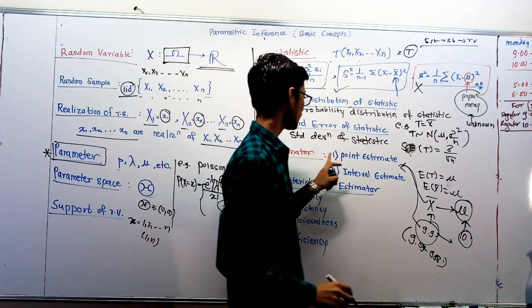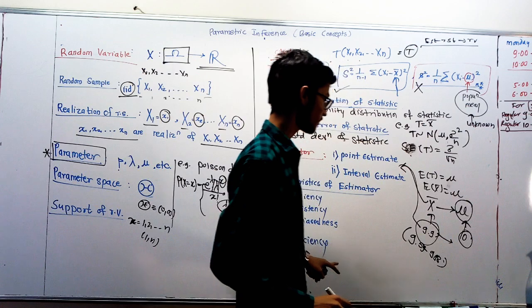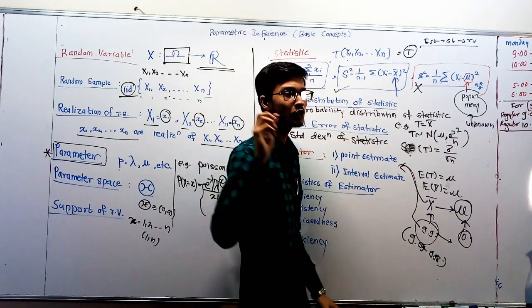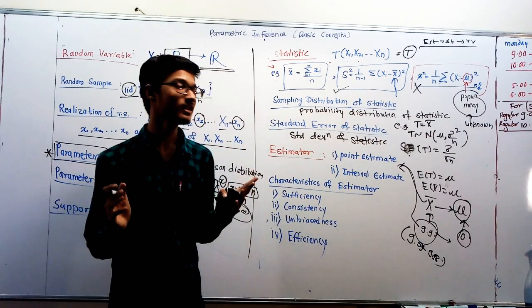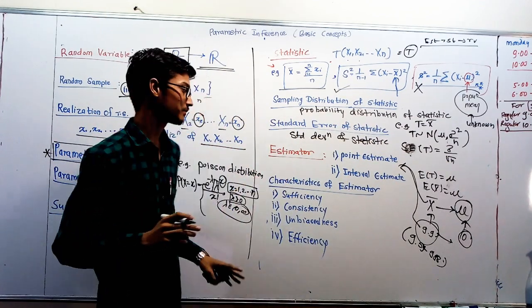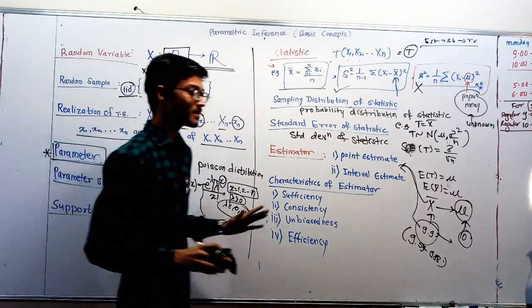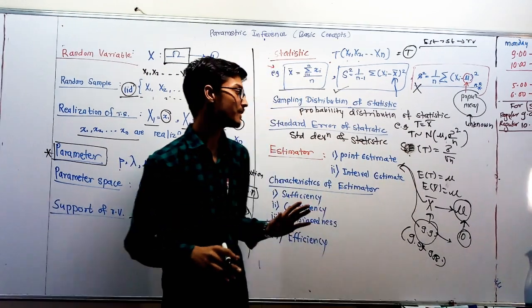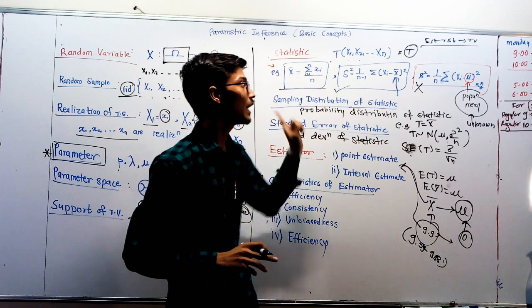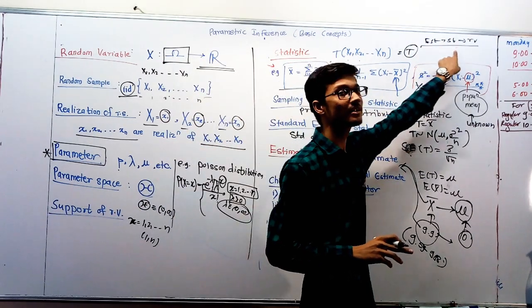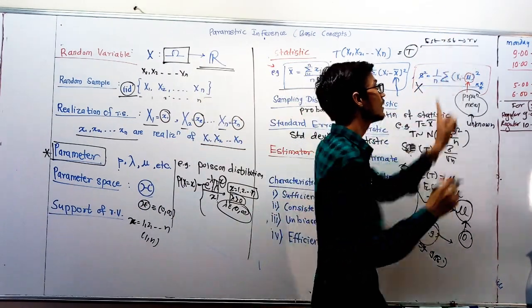See, this is about the point estimate and interval estimate. A particular value you get is your point estimate, and the interval in which the value lies is your interval estimate. This is about point estimate, interval estimate, and the estimator. Please remember that every estimator is a statistic and every statistic is a random variable.